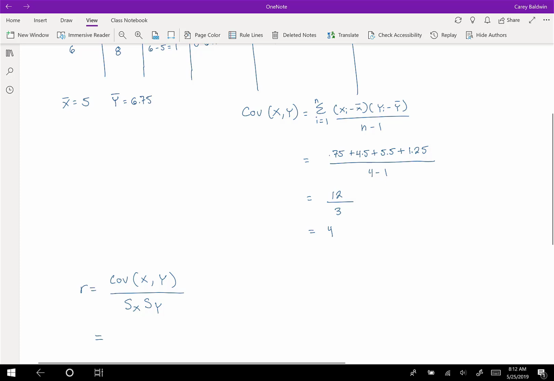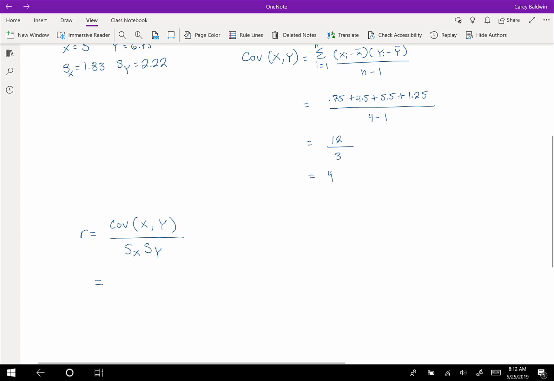I'll call this Sx, to indicate this is the sample standard deviation for the x variable. And then Sy is 2.22.